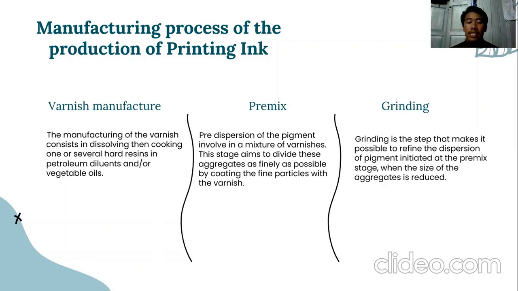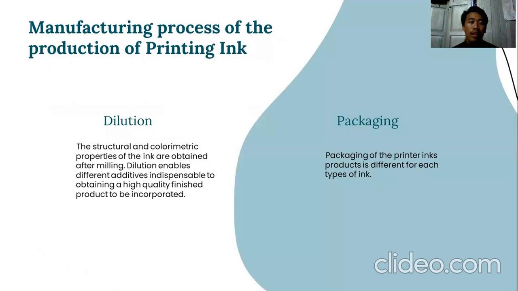Next is the grinding process. Grinding is the step that makes it possible to refine the dispersion of pigment initiated at the premix stage, when the size of the aggregates is reduced. The fourth process is dilution.